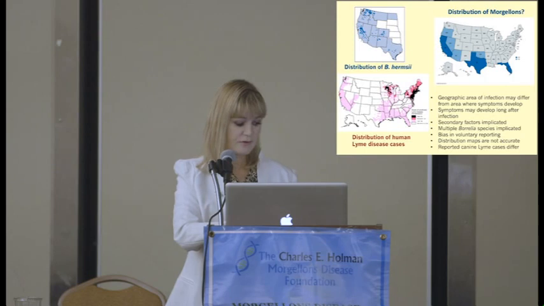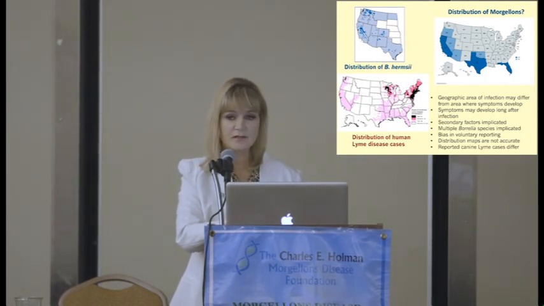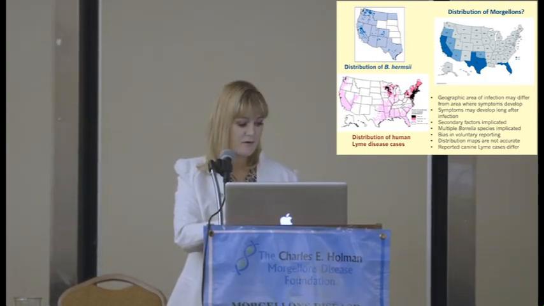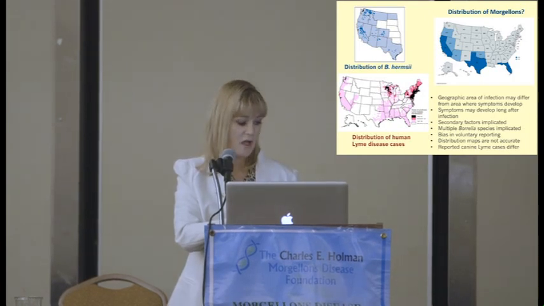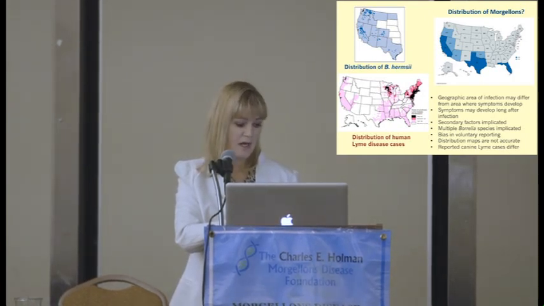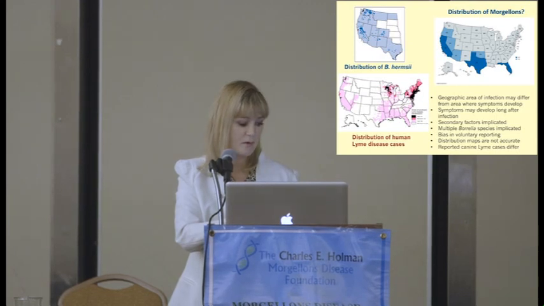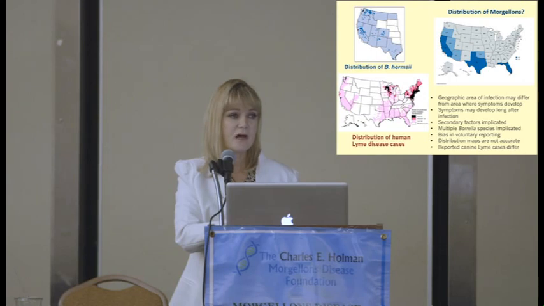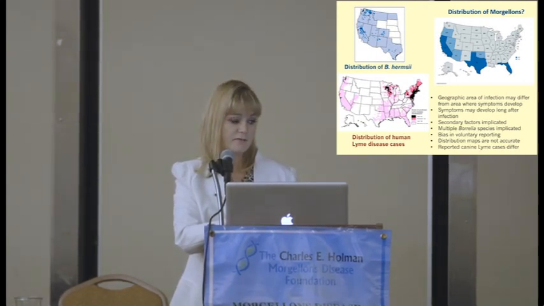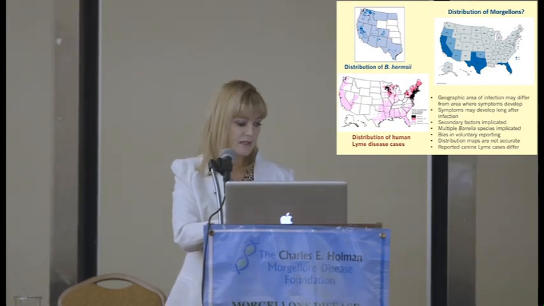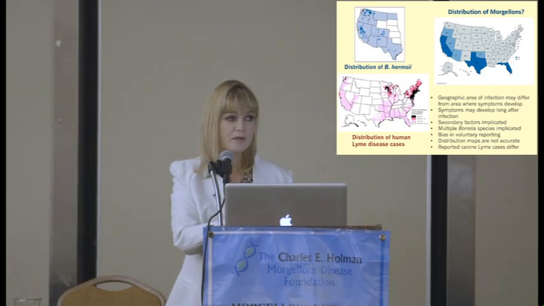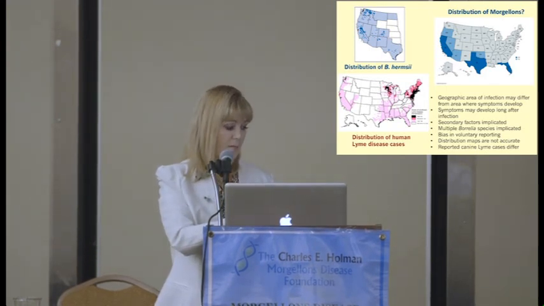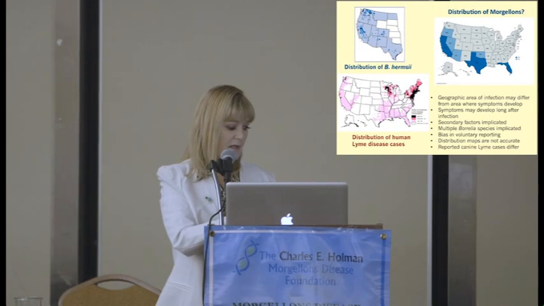There are a lot of different reasons that could be responsible for that disparity. First, the geographic area of infection might differ from the area where symptoms develop, as symptoms might not develop until long after infection occurred. For example, a person infected in New England might later retire to a southern state, where they develop Morgellons after a long period of being asymptomatic.